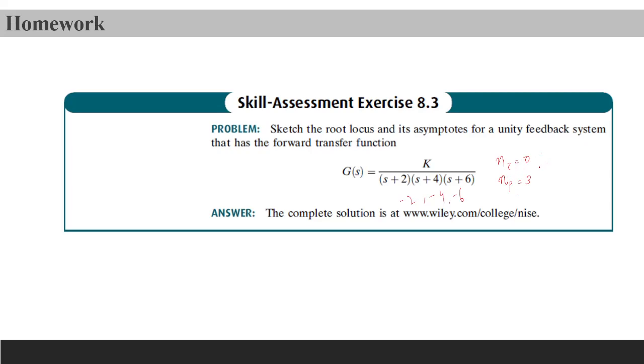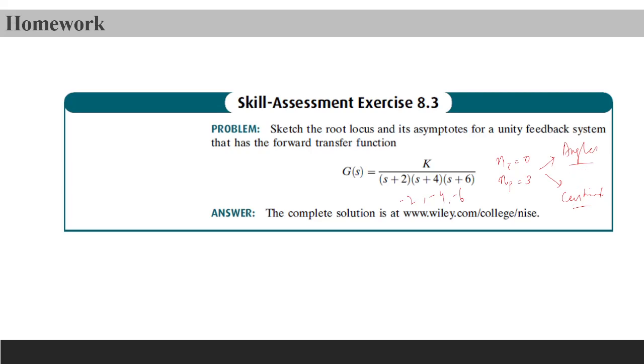Then by np minus nz I can calculate the values of angles and the values of the centroid. Once I know that, I know which pole to connect with which zero, right? And by using the centroid and angles I can find the directions. So I think we have the complete picture to sketch a root locus, right?